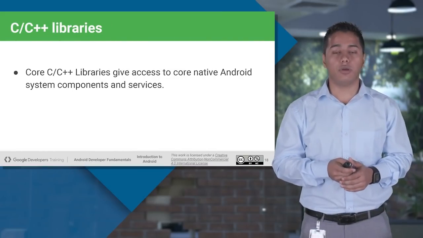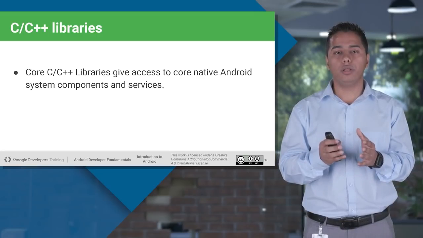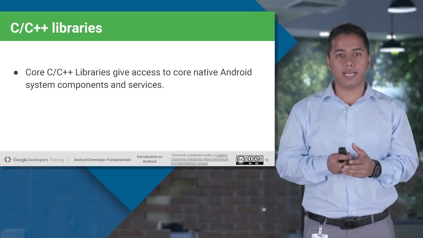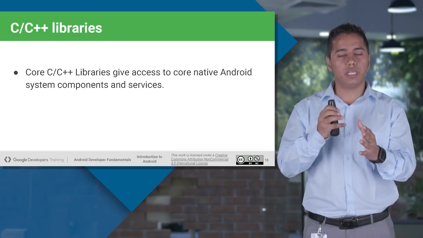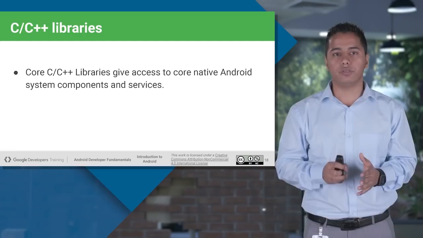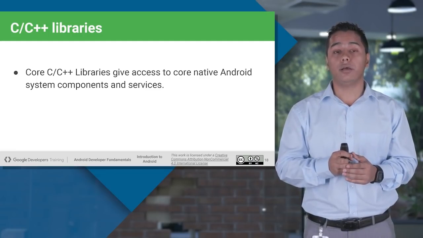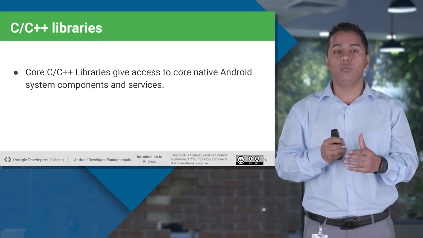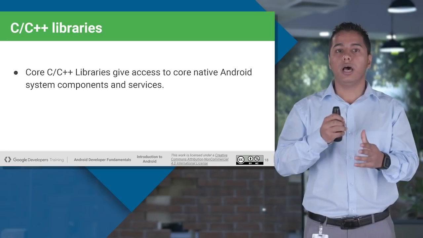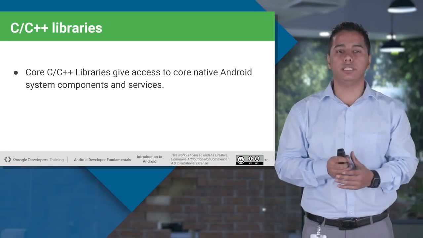C and C++ libraries are also known as native libraries. This is the section where all your system libraries are placed, and they are written in C and C++. We have developers for these libraries also, known as Android NDK developers, native development kit developers. In this course, we will be working as SDK developers, but there are developers who work directly in C and C++.